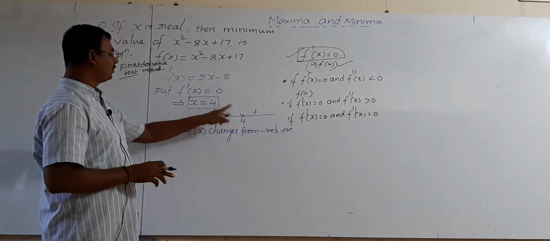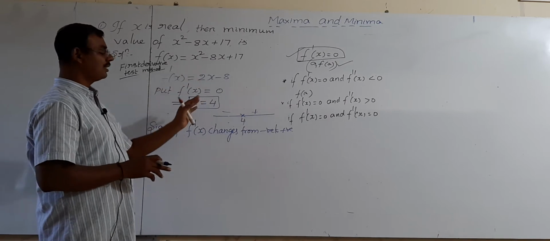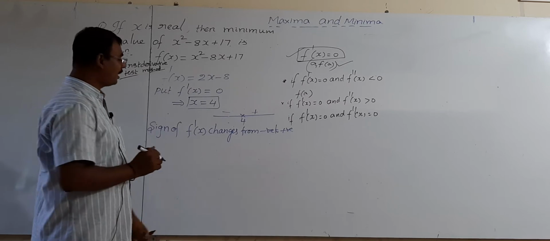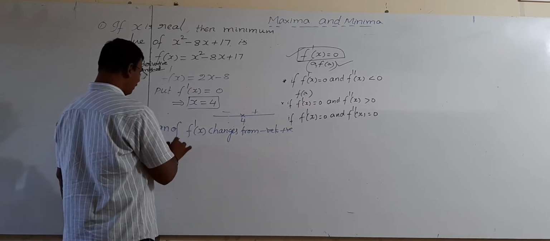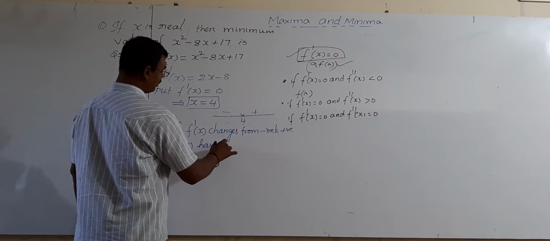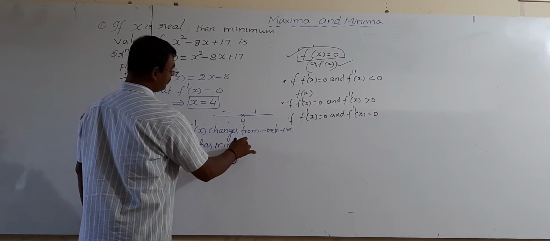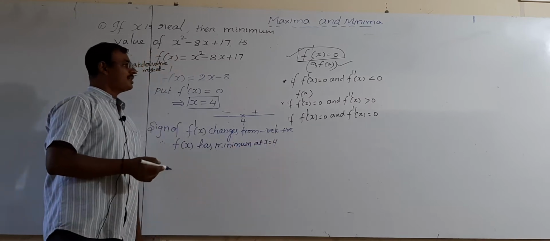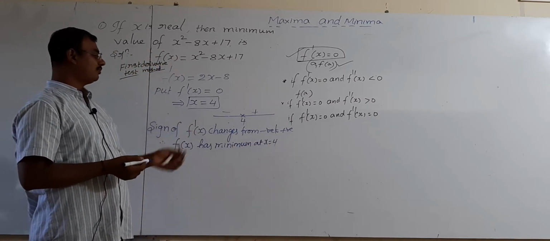So negative to positive means which value? At x equal to 4, what value is attained here? f(x) has a minimum. f(x) has a minimum at x is equal to 4. At x is equal to 4, we got the minimum value.